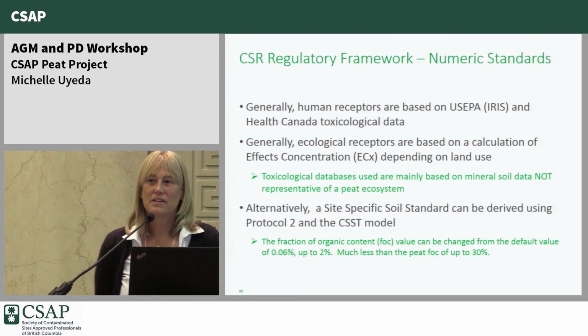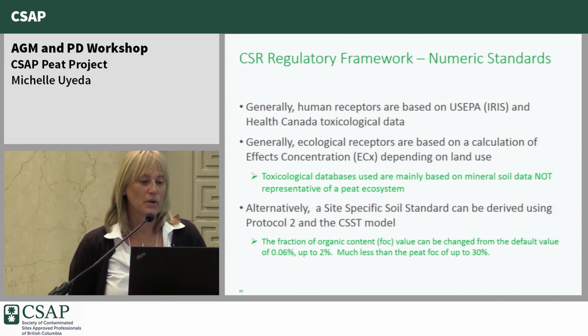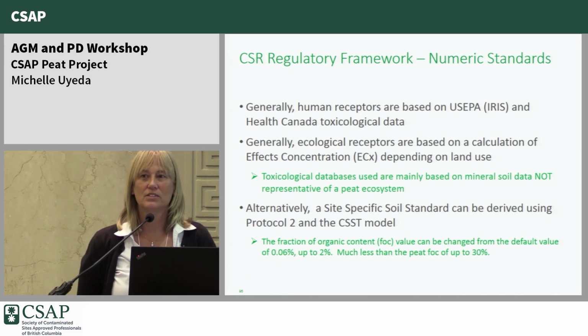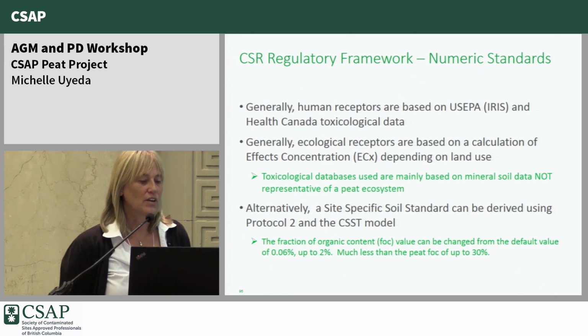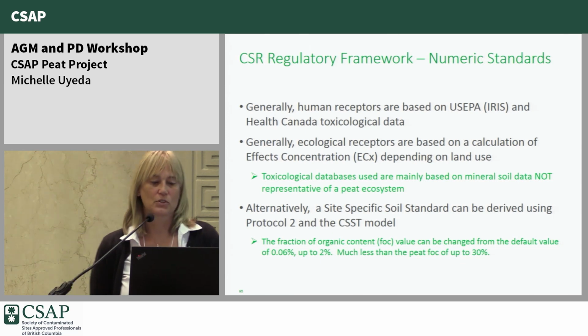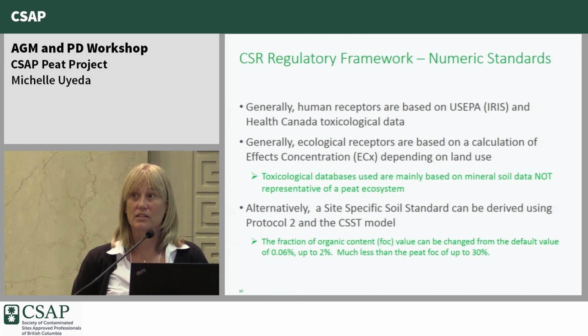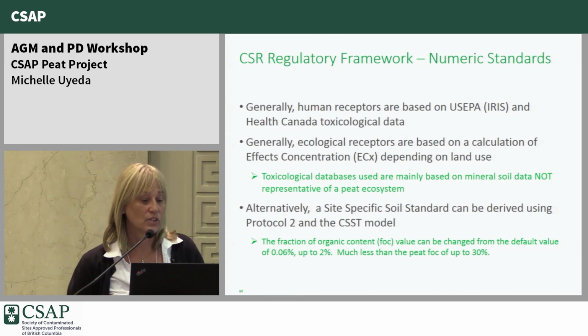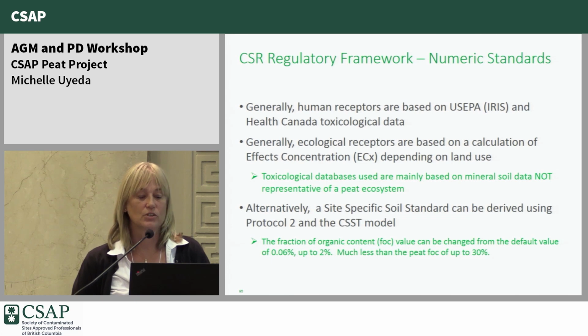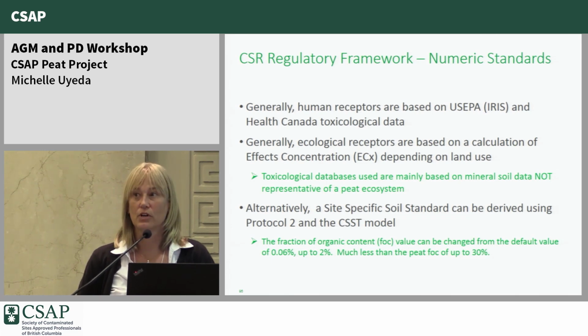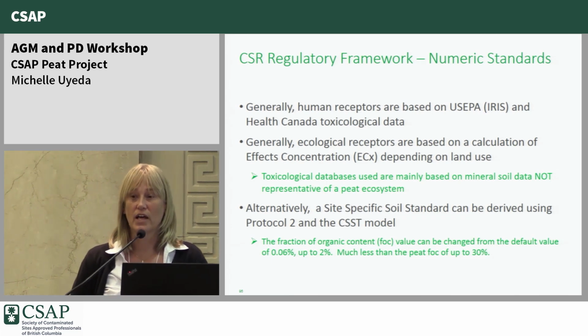So where does peat fit into the regulatory framework for numeric standards? Generally, for human receptors, the numeric standards are based on tox values from US EPA and Health Canada tox data. And generally, the ecological receptors are based on a calculation for an effects concentration depending on land use.